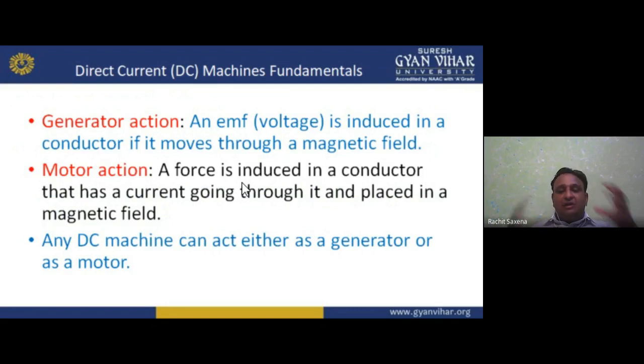If I give electrical input to that machine and get mechanical output, that is the action of a motor. If I give mechanical input and take electrical output, that machine is working like a generator. So the DC machine can act either as a generator or as a motor. The construction is the same, but the types are different.